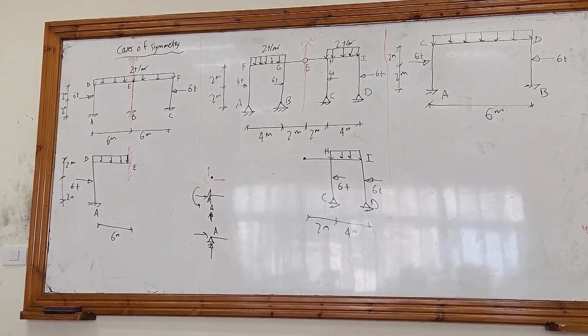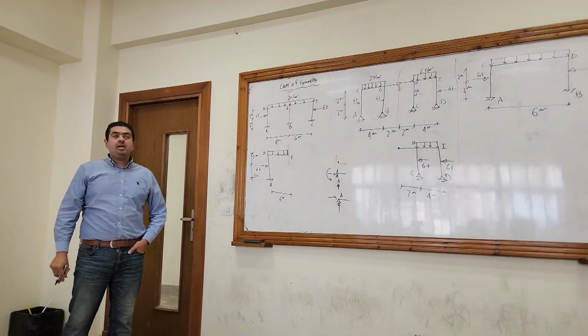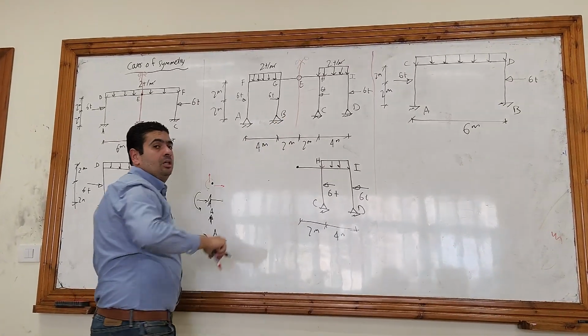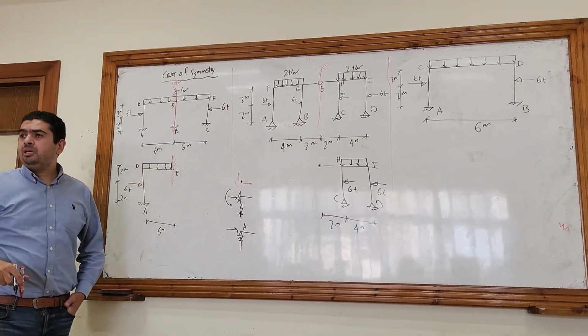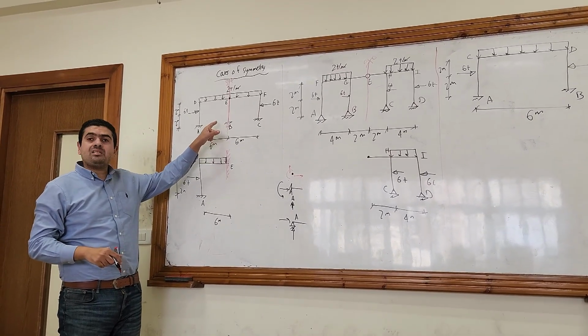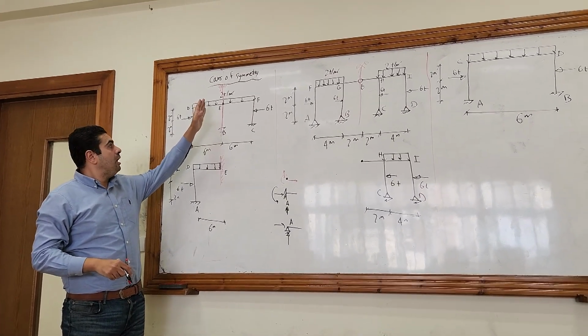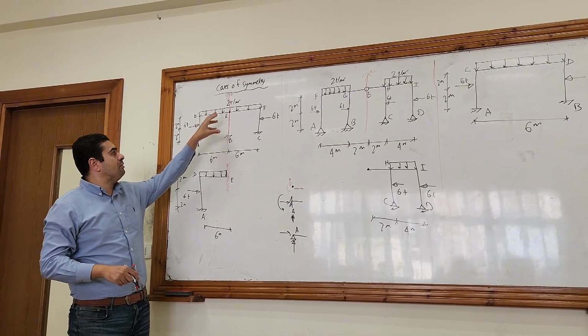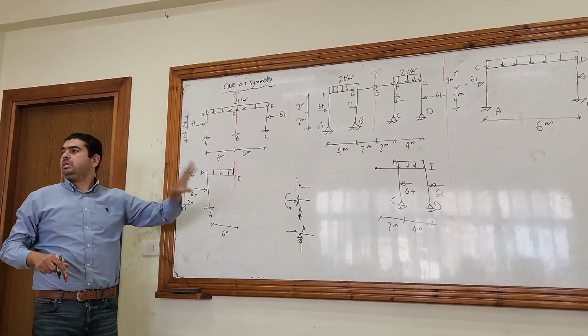Let's talk about the vertical displacement. Is anything preventing point E from moving vertically? Here, the vertical reaction at the fixed support didn't let the point move vertically.